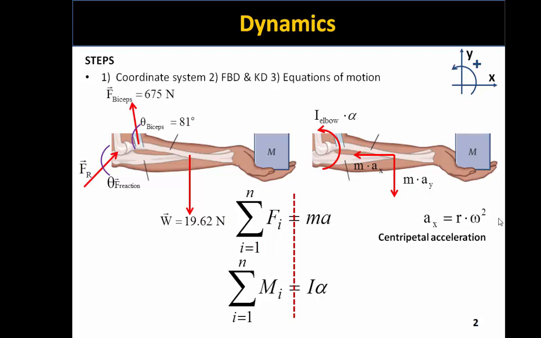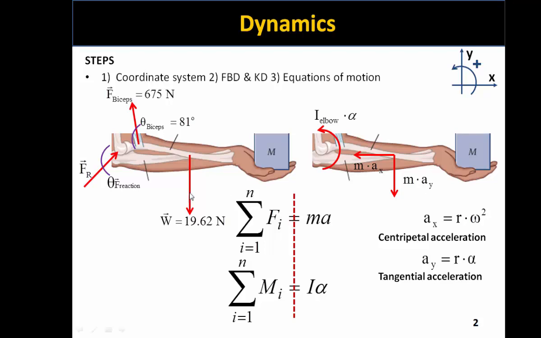That's our centripetal acceleration, the tendency of the system to accelerate towards the joint. Now, keep in mind here, this is acting at the center of mass, so R in our equation is not going to be represented by the full length of the segment, but rather the location of the center of mass from the joint.